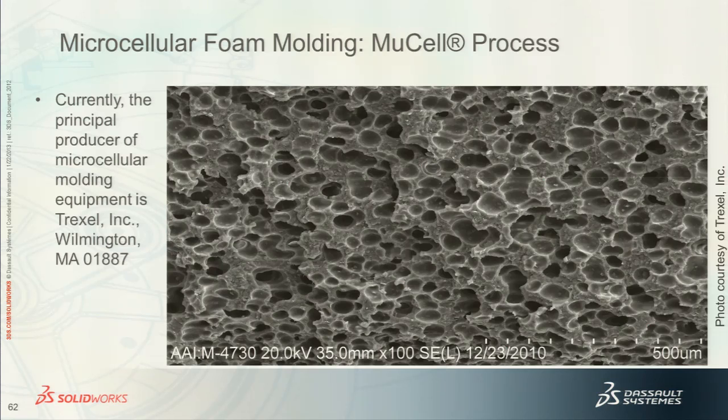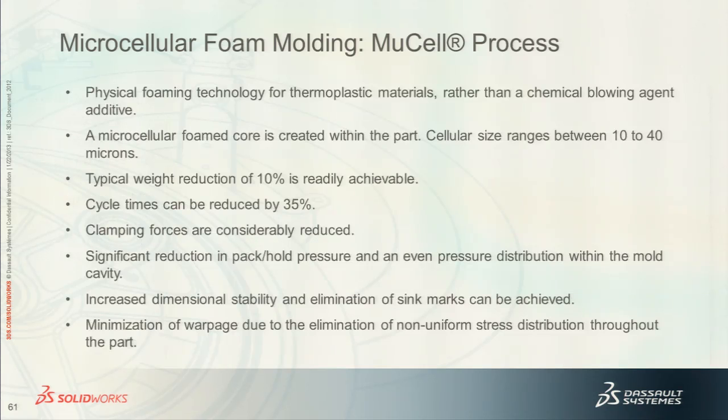The cellular structure here is between 10 and 40 microns in cell size. So you can see that rather than having a homogeneous material, a cross-section, it is quite porous. But this does translate into reduced cycle times, less material usage, and a much stiffer structural part.